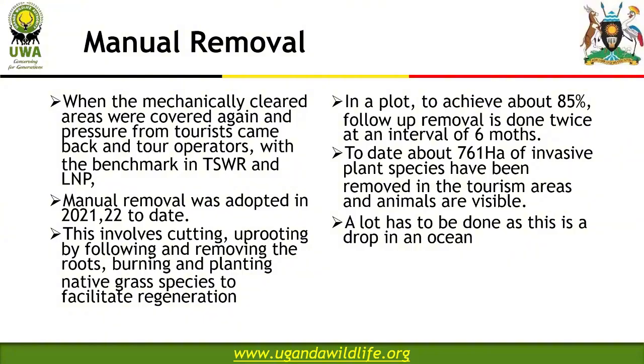So to date, using manual removal, we have been able to cover, this was last financial year, 2023-24, because COVID also impacted our work during this period, 2019-2022. We didn't do much.